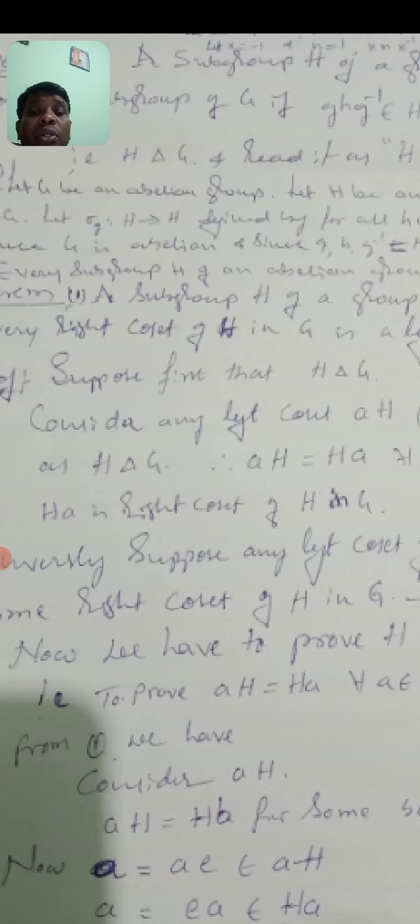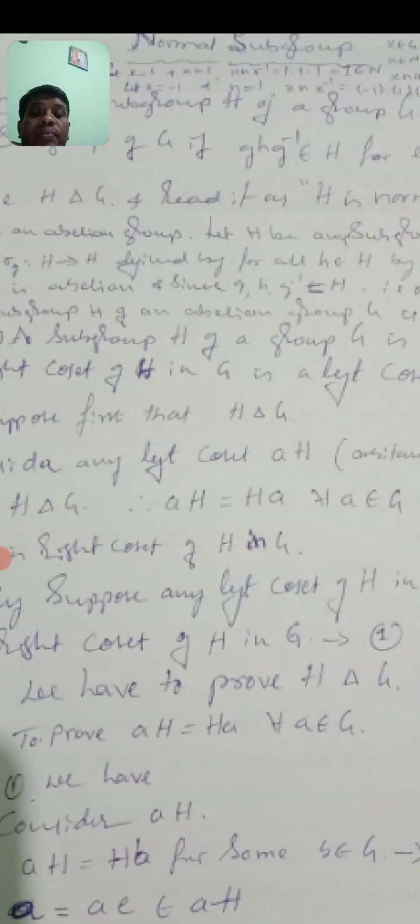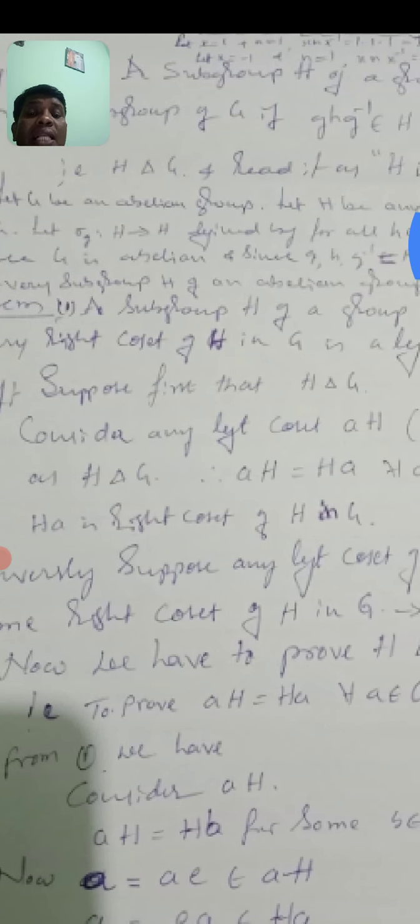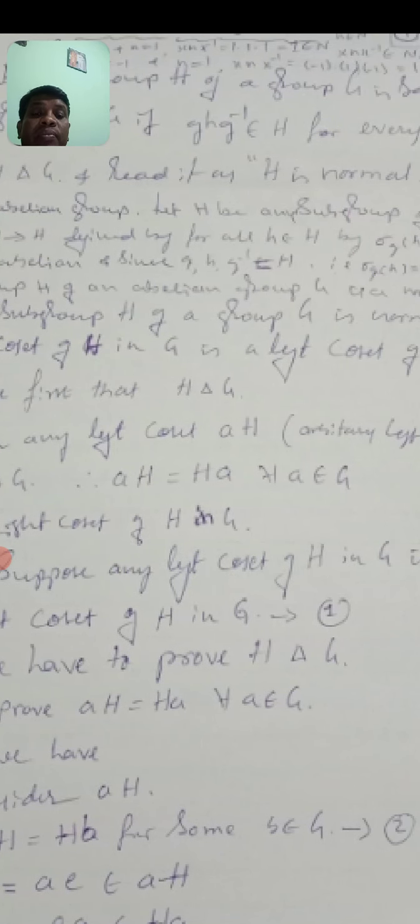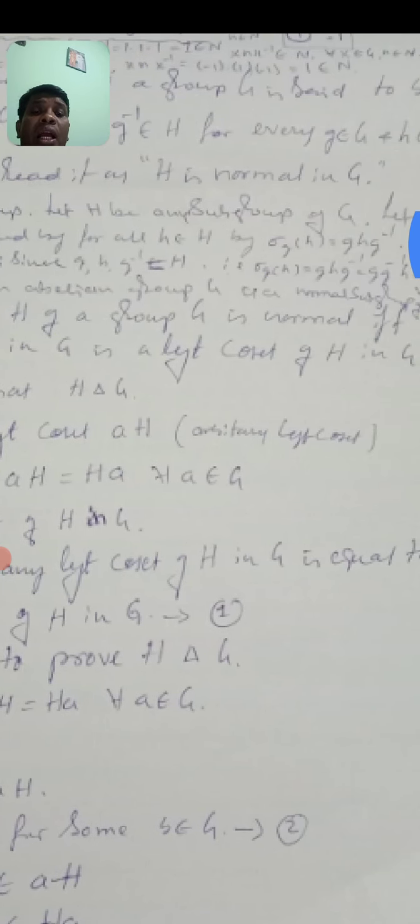In this theorem, suppose first that H is normal in G. Consider any left coset aH, meaning aH is an arbitrary left coset.